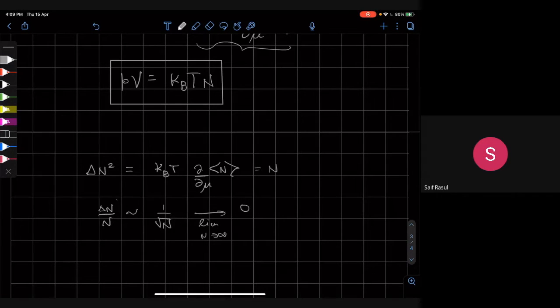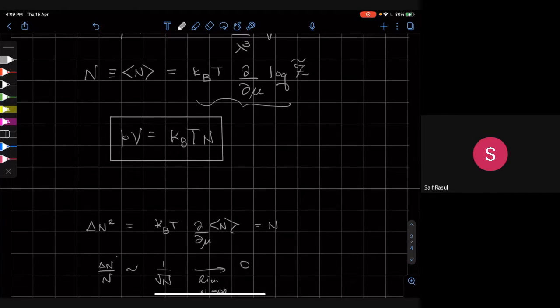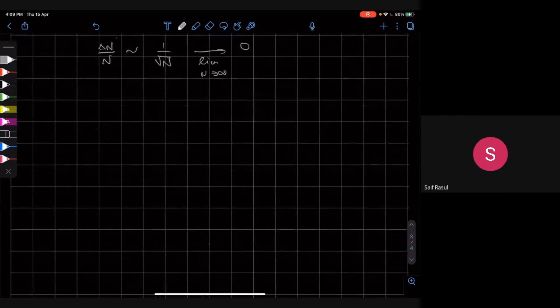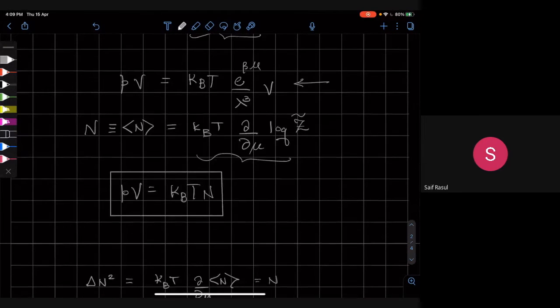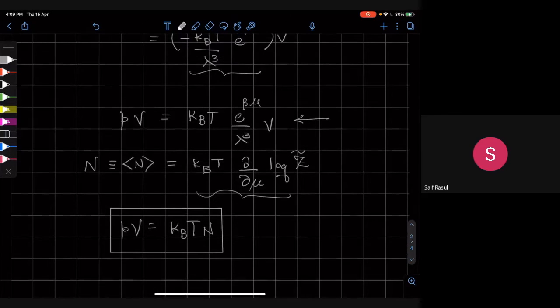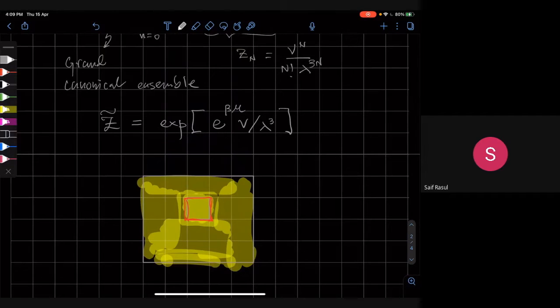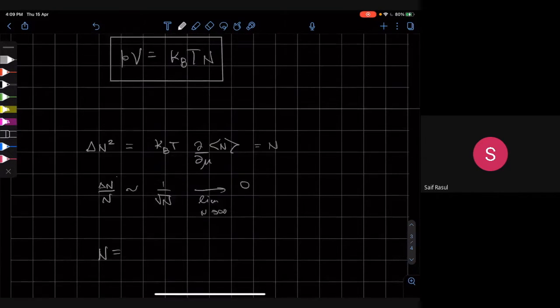Okay, so the other thing that we can do is that from the expression that we just derived for n, if I now plug in the expression for z tilde, then we get n is equal to, what is z tilde? Z tilde is this thing. So if I take its log, I just have this thing inside popping out.